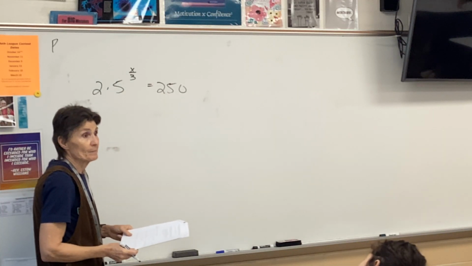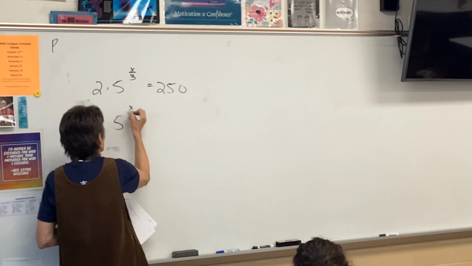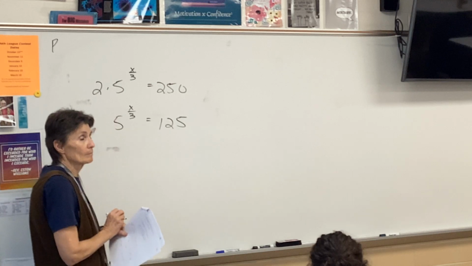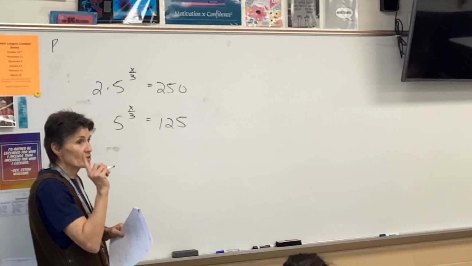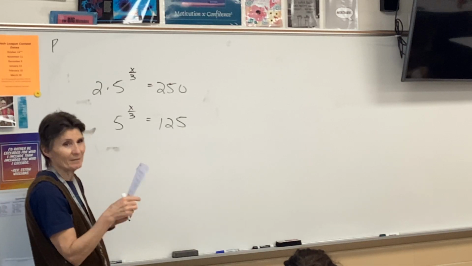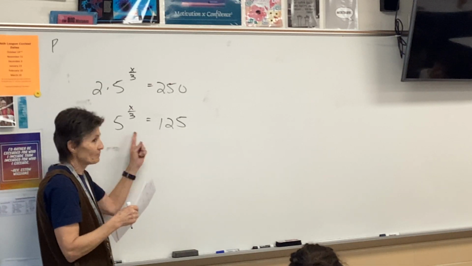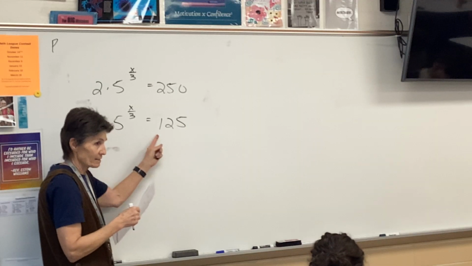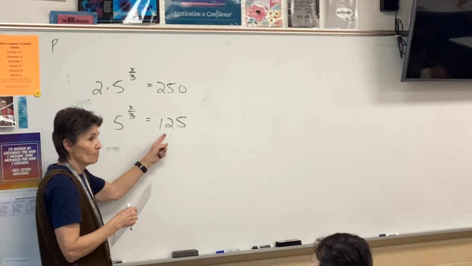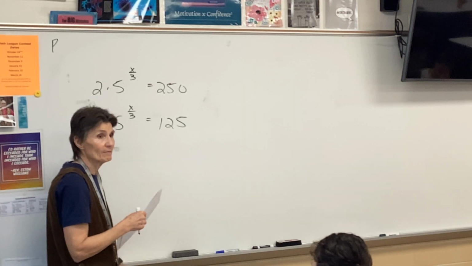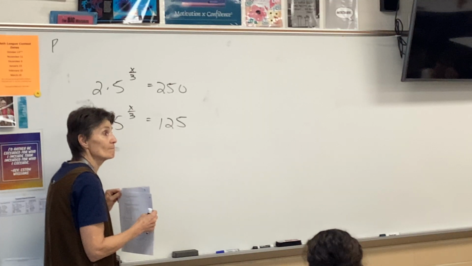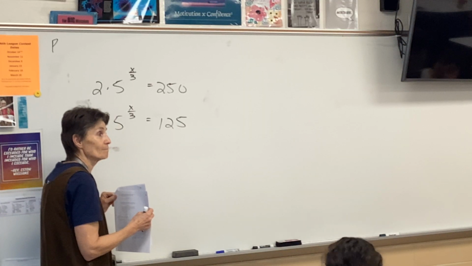Step one. Divide by 2, very good, Jimmy. 125. Now this is a no calculator problem, which means what has to happen? These two have to have a common base. Can 125 be written as a power of 5? 5 to the third.